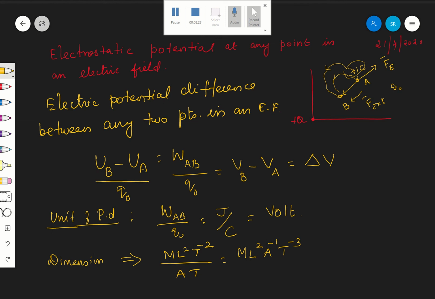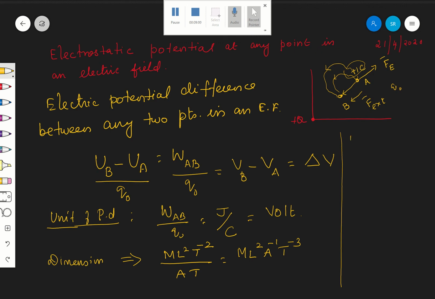Now if I want to find out the electric potential, hope you are following, we will go for electric potential. Electric potential between any 2 points means what you have to do? As usual, you have to keep A outside the electric field. So what is electric potential?